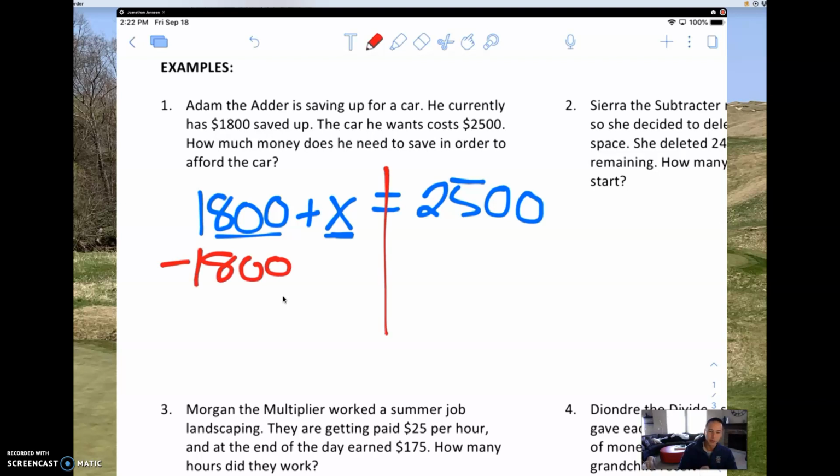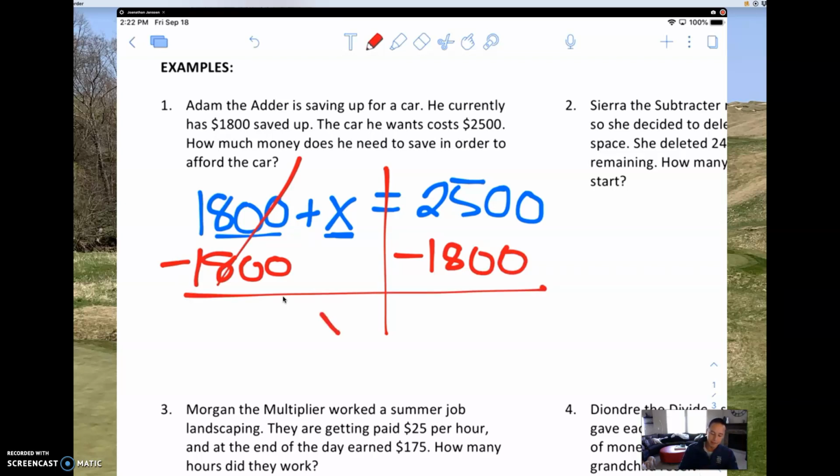Now whatever we do on one side of the equal sign, we have to do the exact same thing to the other. So we're going to subtract 1,800. By doing that, the 1,800s go away, and on the left side we're left with x, and we get equals 2,500 minus 1,800 is 700. So Adam the adder will need to save $700 more in order to be able to afford that car.